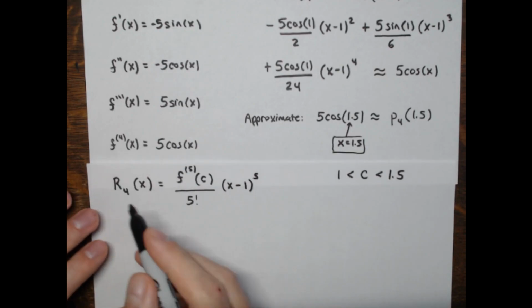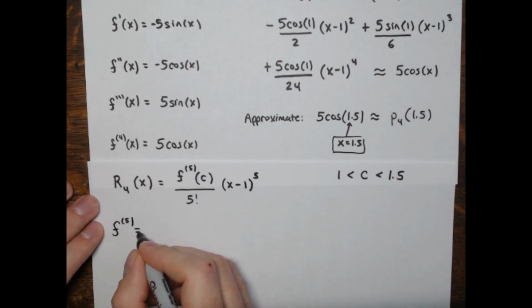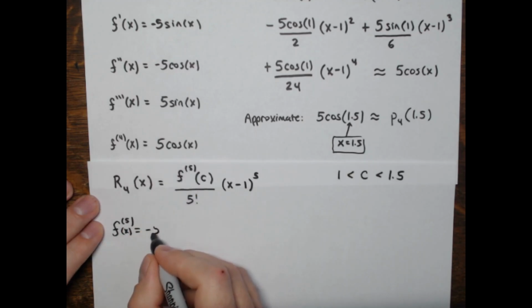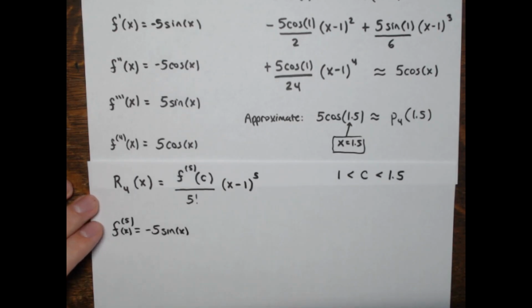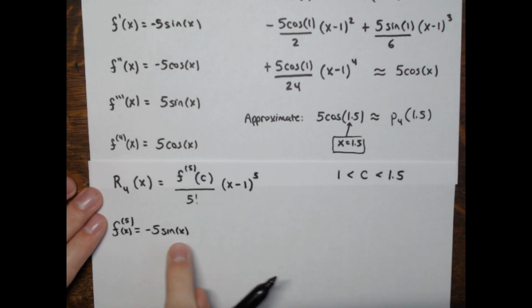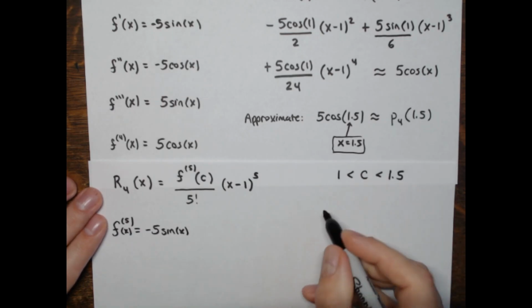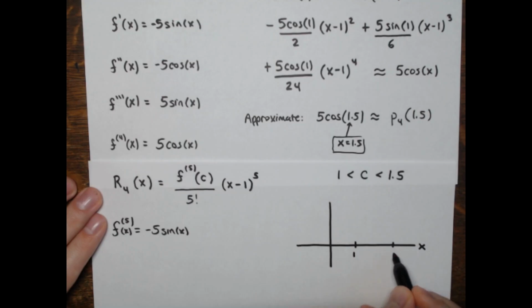All right, so let's look at the fifth derivative. The fifth derivative is the same as the first derivative, -5 sine x. Now, if you look at the graph of this between 1 and 1.5 radians, so there's 1 and 1.5.